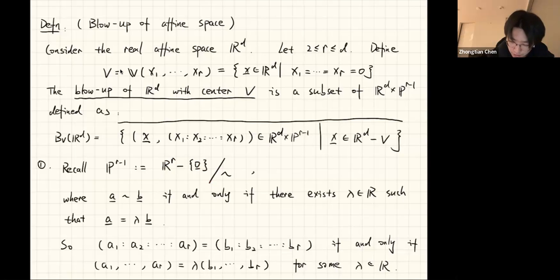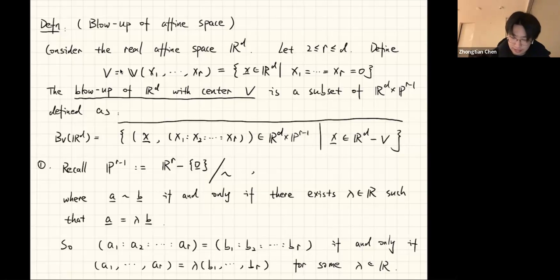Then you quotient out by an equivalence relation, which says two points in the affine space are equivalent if and only if one is a multiple of the other. This captures the idea that this space parameterizes all straight lines through the origin. If you take two points in the affine space, you identify them as long as they sit on the same straight line through the origin.